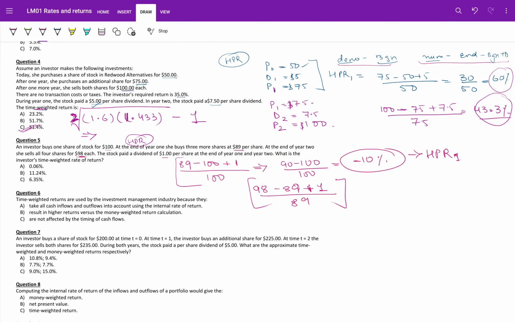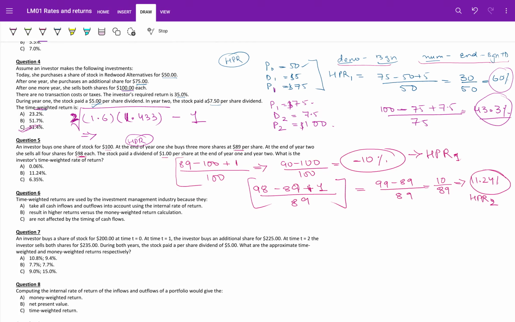So this is going to give me 99 minus 89 divided by 89. This is going to be again 10 divided by 89. This is going to be 11.24%. So this is my HPR 2.